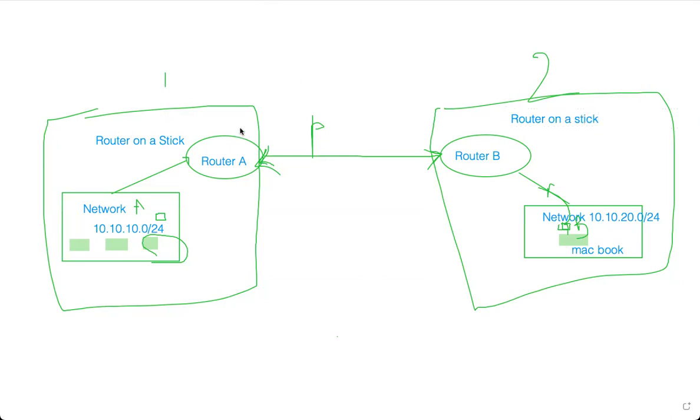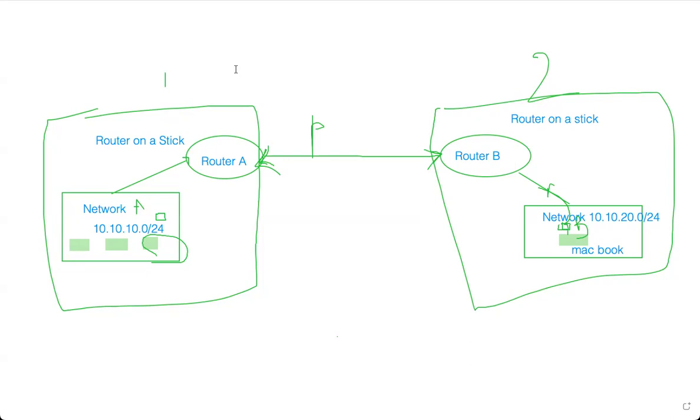But the problem is the networks are not connected to a single router. There are two different routers in two different buildings. Then to communicate between two different routers, two layer 3 devices, what is a layer 3 device, guys? Router.